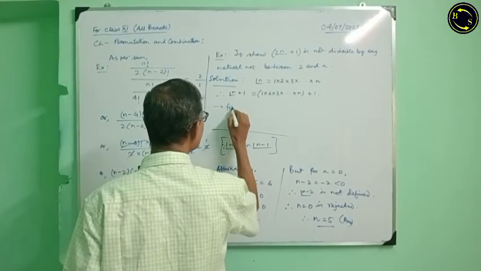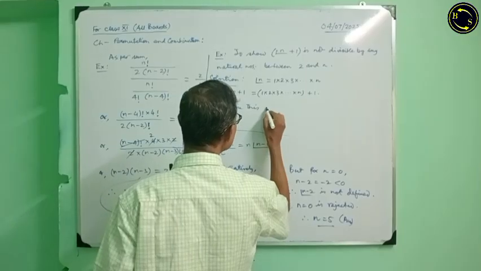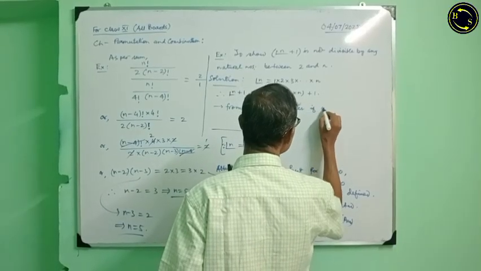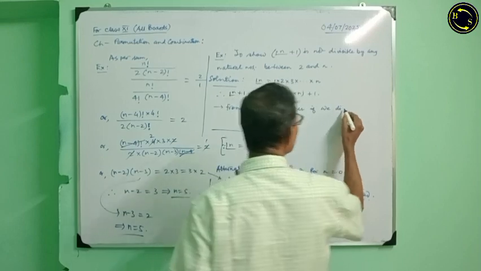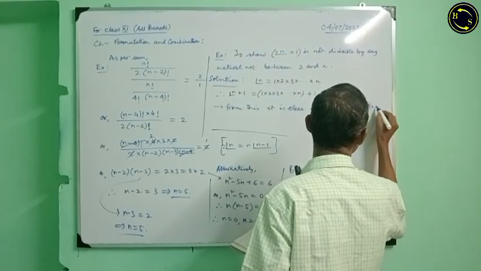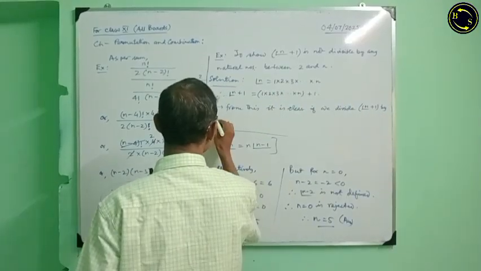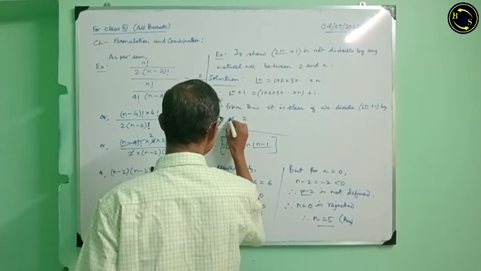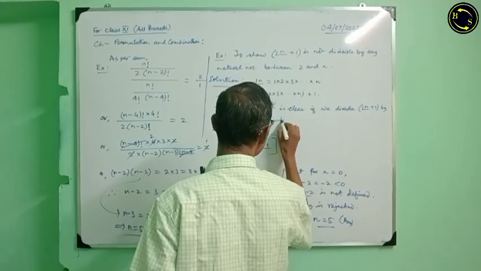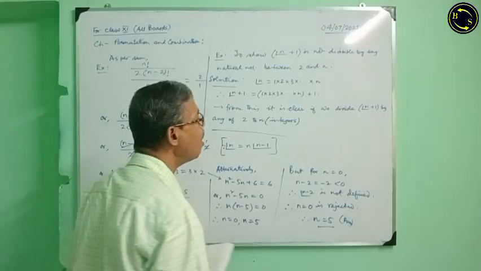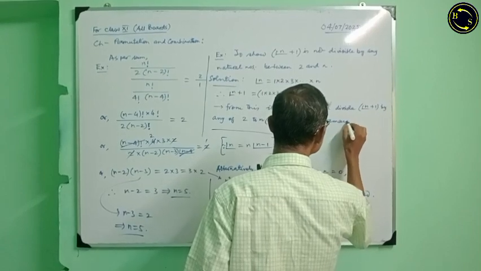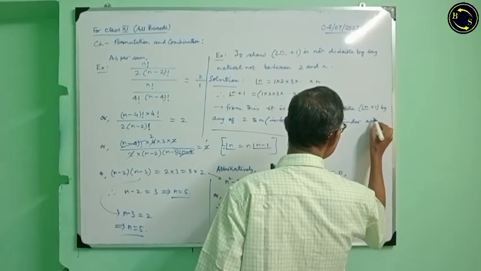From this result, from this it is clear if we define factorial n plus 1 by any of 2 to n, then the remainder will be 1.